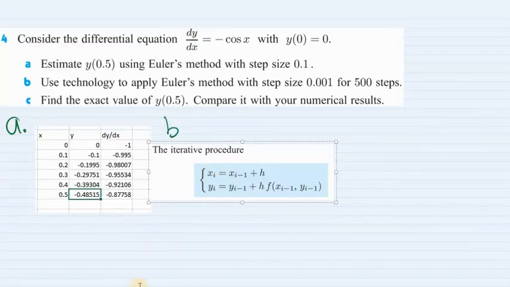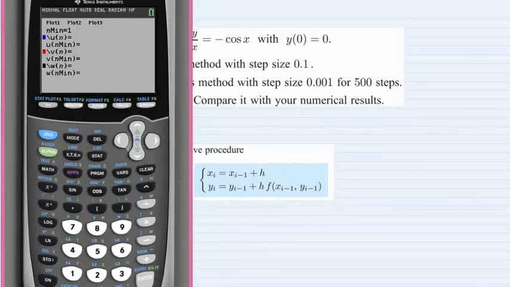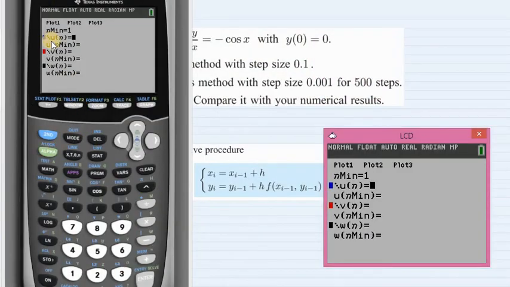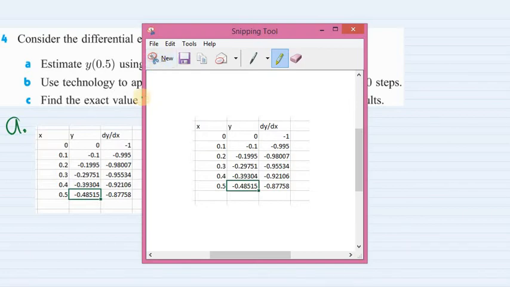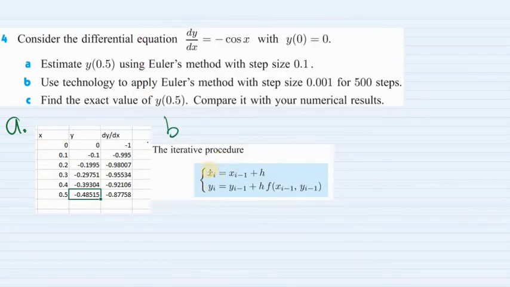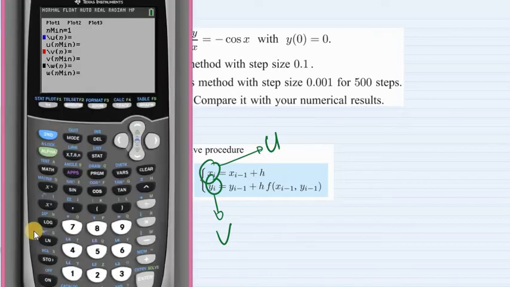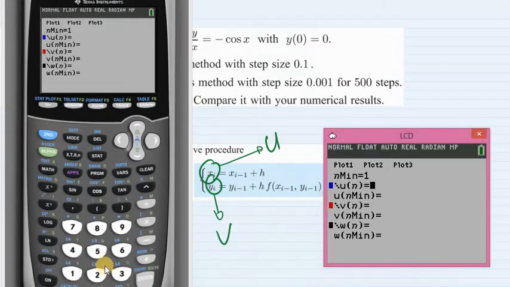You will see a little bit different from what we usually use. Usually we have Y1, Y2, Y3, but now we have nMin, u(n), v(n). Keep in mind this thing: the x will become u, and the y will become v. That's just the language of our calculator.